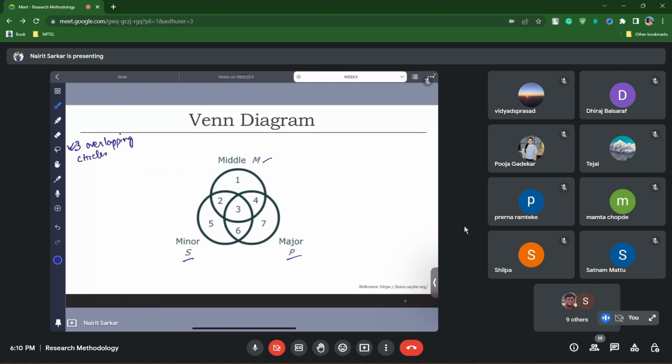So what do these 1, 2, 3, 4, 5, 6 mean? Field 1 implies only M. Field 4 is between M and P, so field 4 means both M and P.